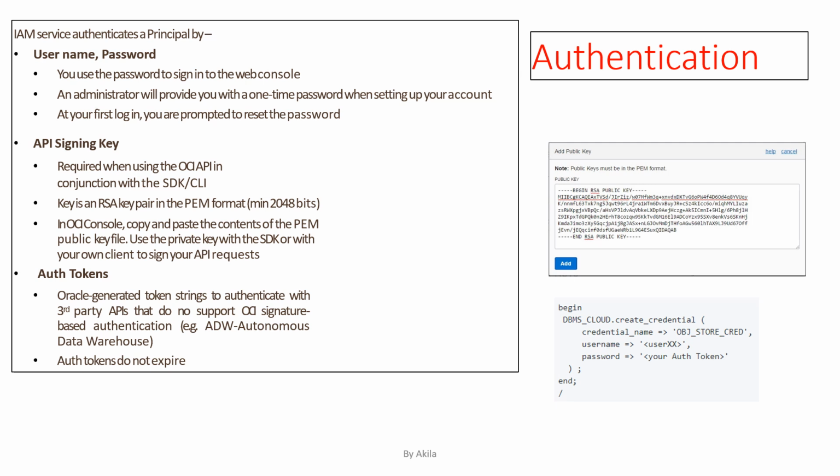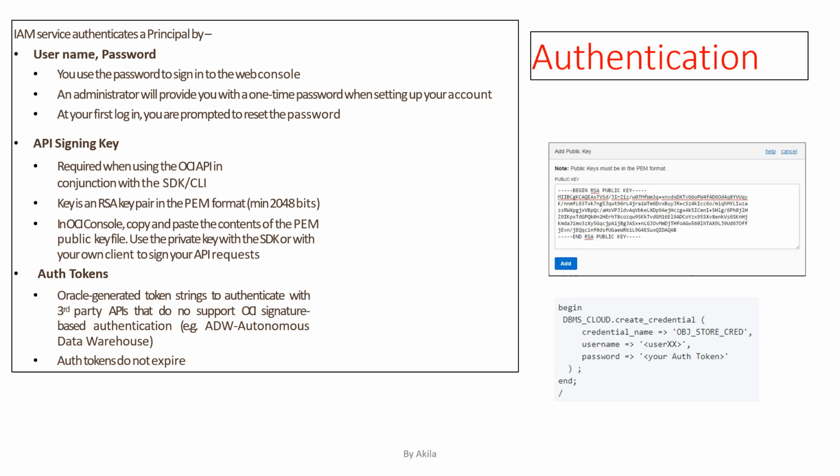Now we are going to learn about authentication. For the authentication principal, we need the username and password, which we need to create when setting up the account in the web console. And whenever we are doing the sign up, on the first login, we can reset the password.